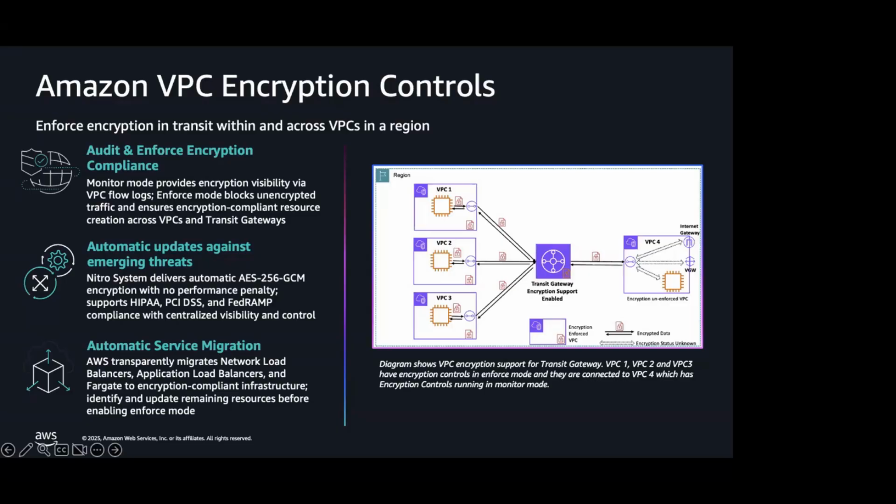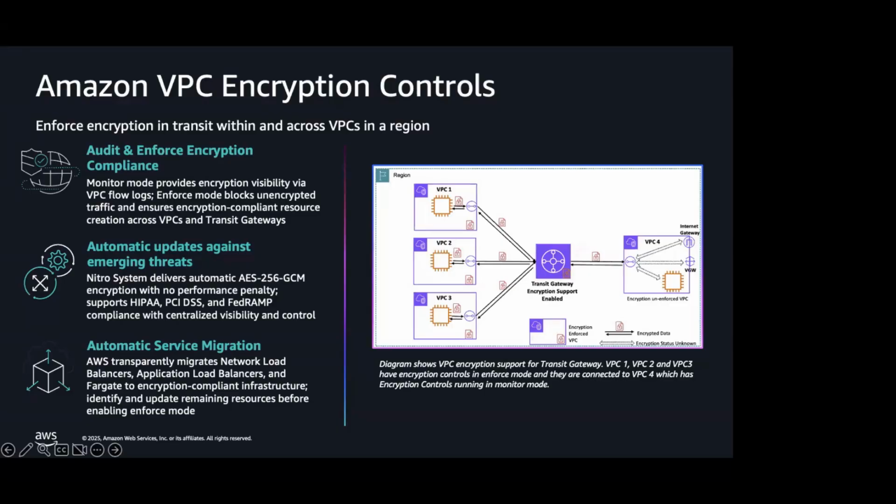With VPC encryption controls, you can put it into monitor mode and assess where you have gaps. Services like application load balancers, or containers that run on our Fargate compute service, can through this tool be transparently migrated onto Nitro.